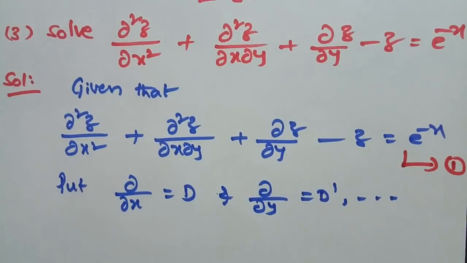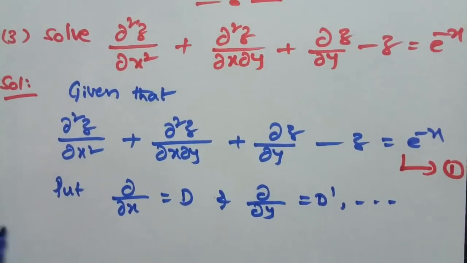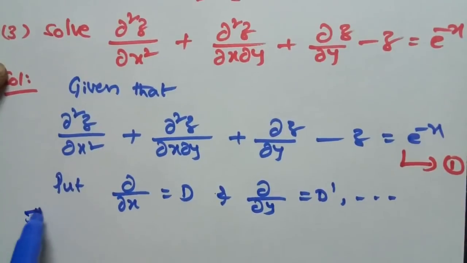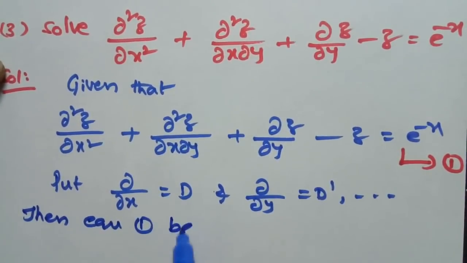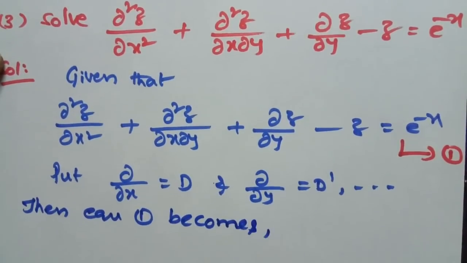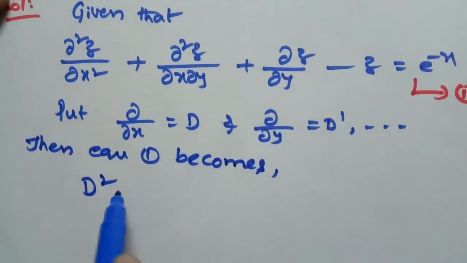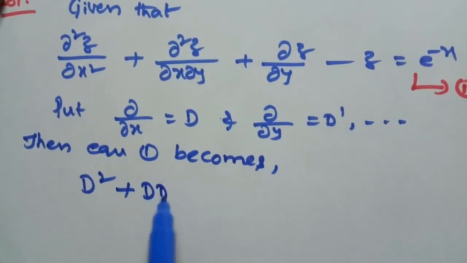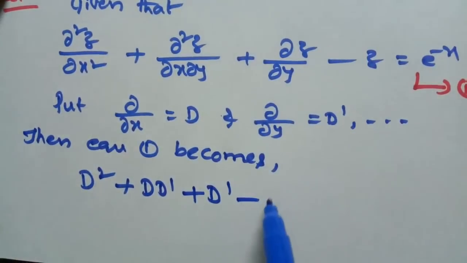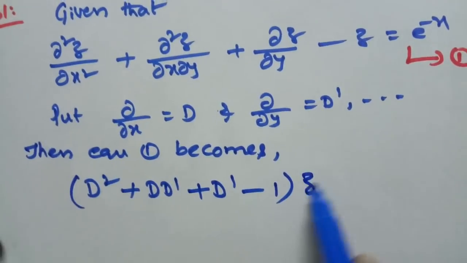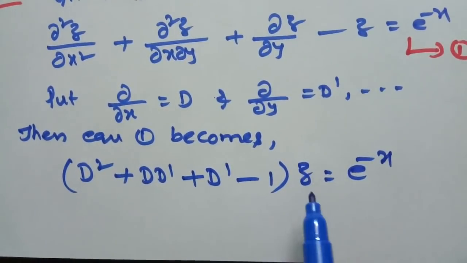Now equation 1 becomes (D² + DD' + D' - 1) z = e^(-x).